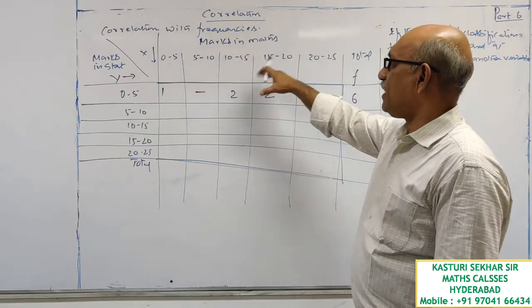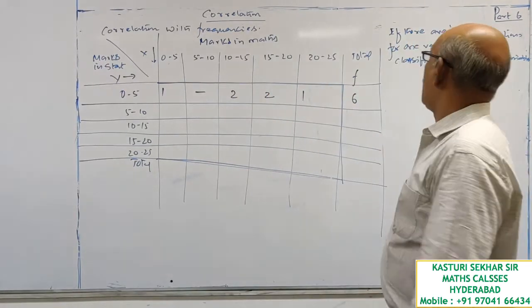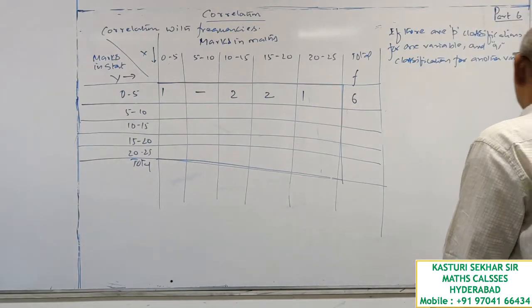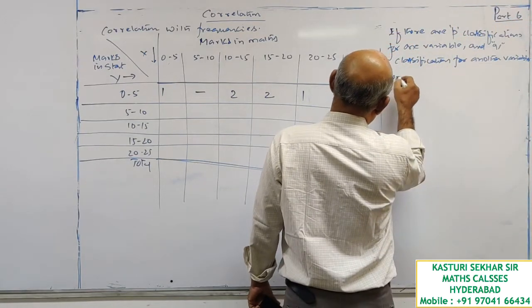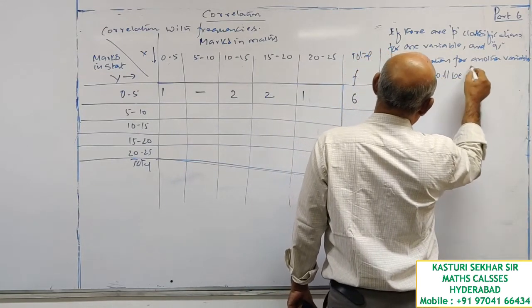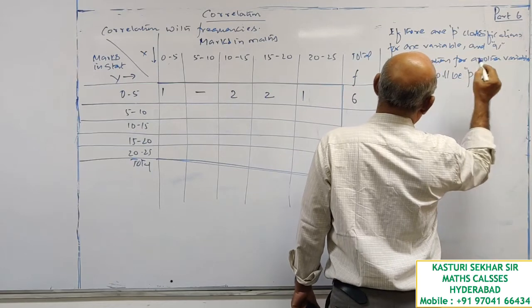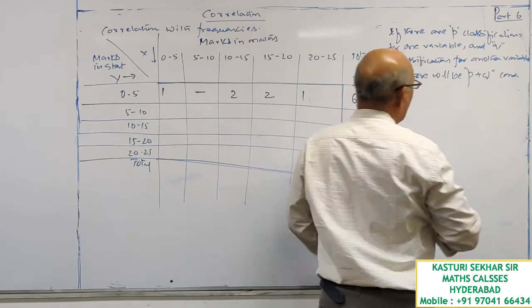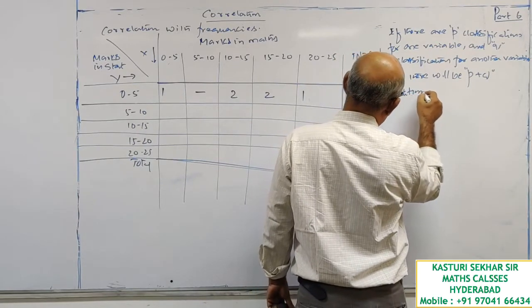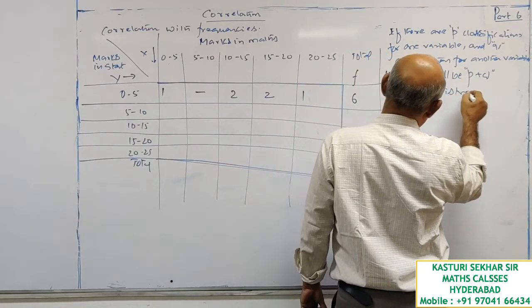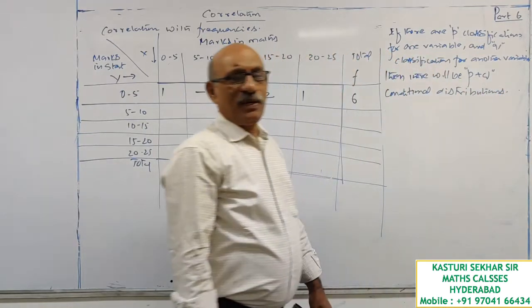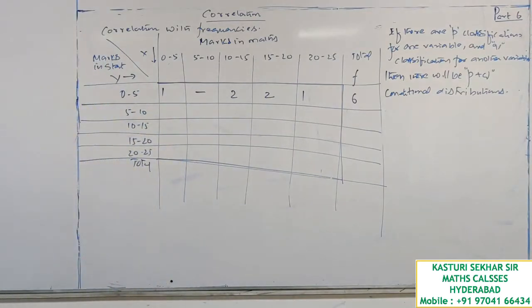This way it is divided into 5 categories. So if there are P classifications for one variable and Q classifications for another variable, then there will be P plus Q conditional distributions.